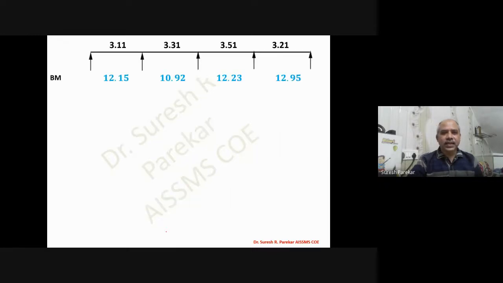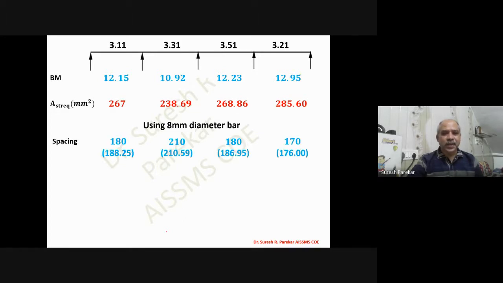Similarly, we are in a position to find out AST required. Now AST for span moment is less, so we will go for 8 millimeter diameter bars. The spacing you can see in brackets as required. So against 267, we require 188 spacing. We have provided 180 and AST provided for this is 279.25.